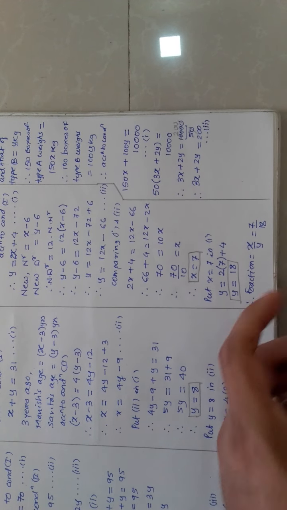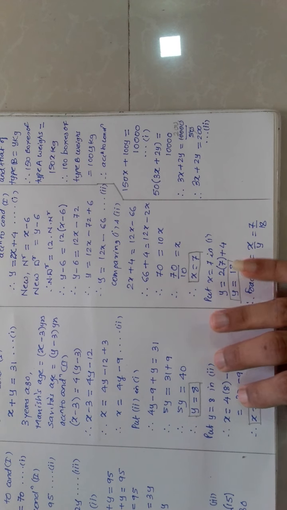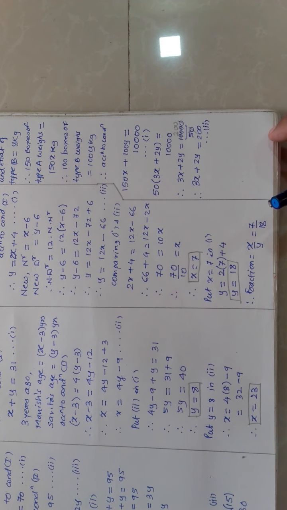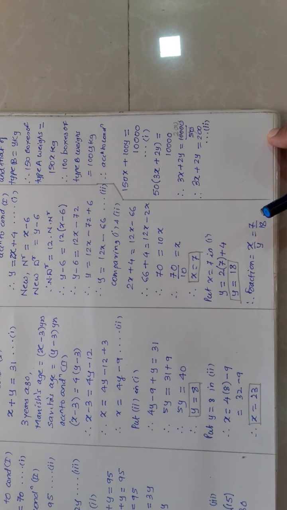Now coming to the second condition, it says that if the arrangement is changed and they decided to put 260 boxes of type A, is it going to become 10 tons? Then it still can accommodate 40 boxes of type B. Means what?